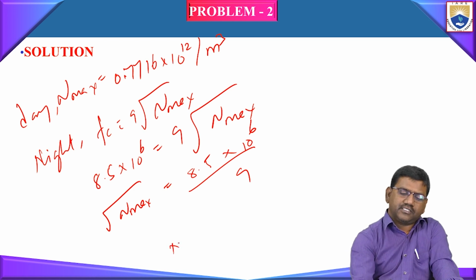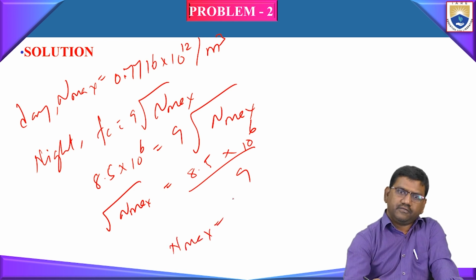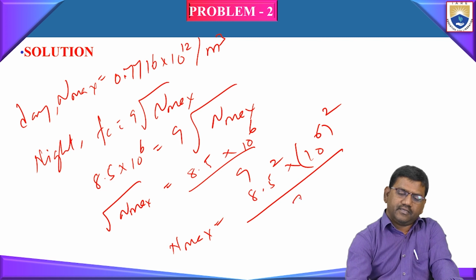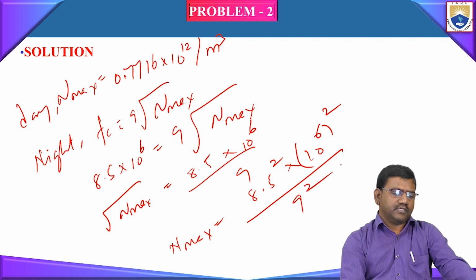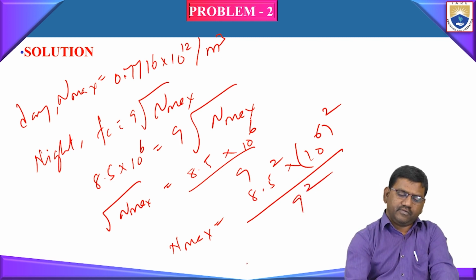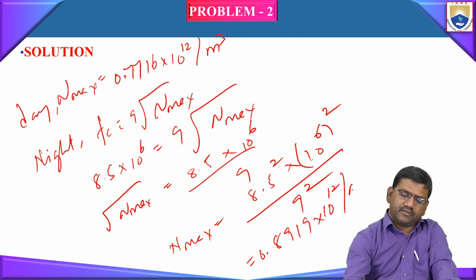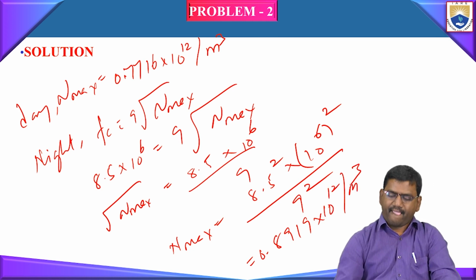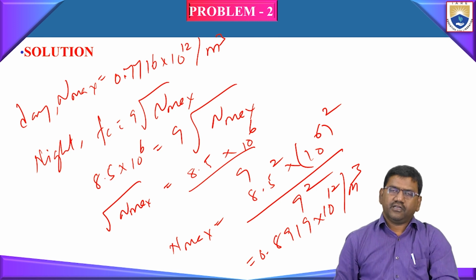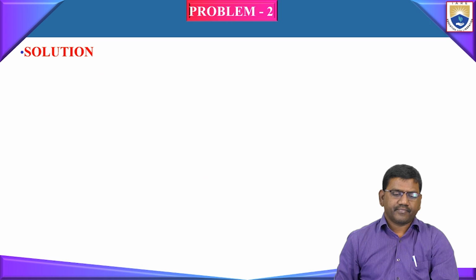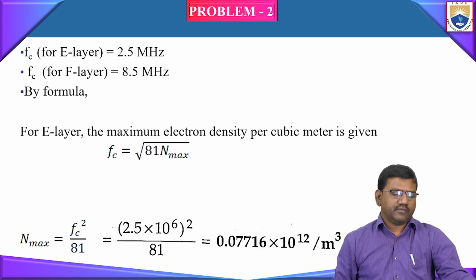Squaring on both sides, N max is equal to 8.5 whole square into 10 power 6 whole square divided by 9 square. If we simplify this, we get 0.8919 into 10 power 12 per meter cubed. So like this, we need to find out the values of N max. This is the problem we are having here.